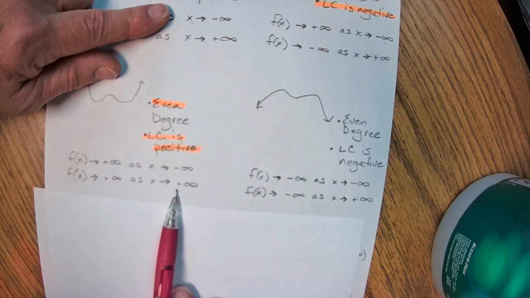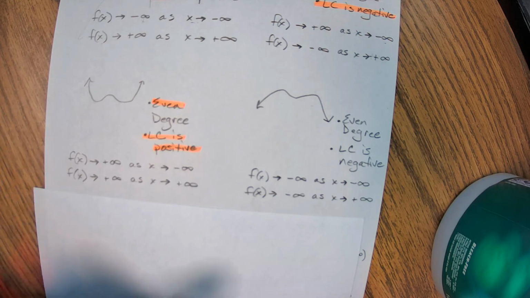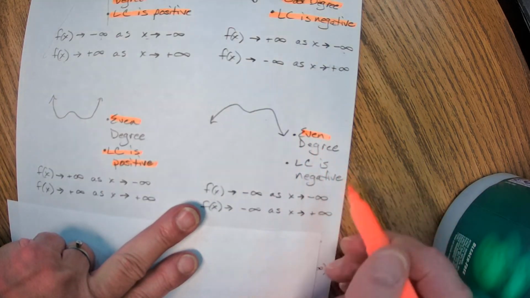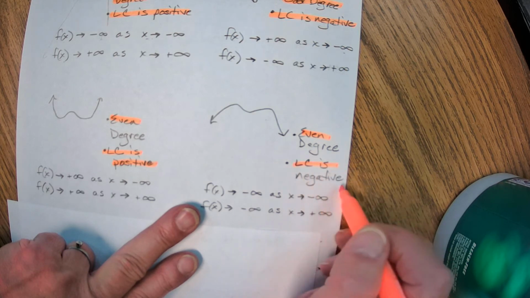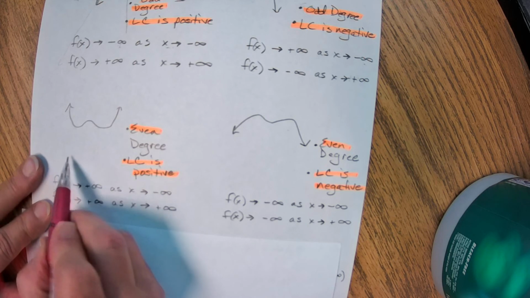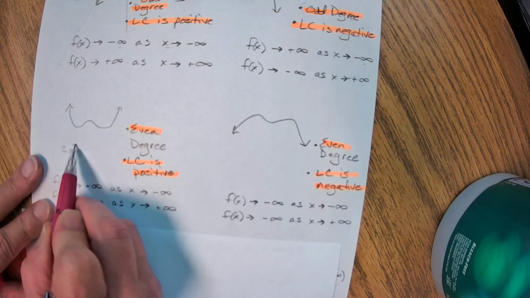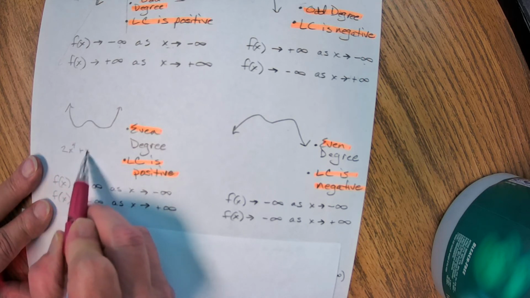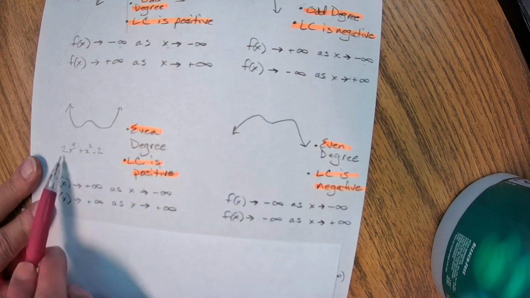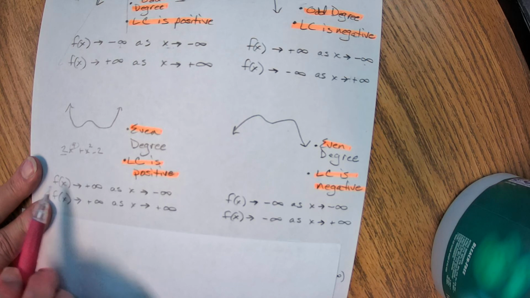And then it's just the opposite if it has an even degree and the leading coefficient is negative. So for this one, for instance, this could be 2x to the 4th plus x squared minus 2. It has an even degree and the leading coefficient is positive.